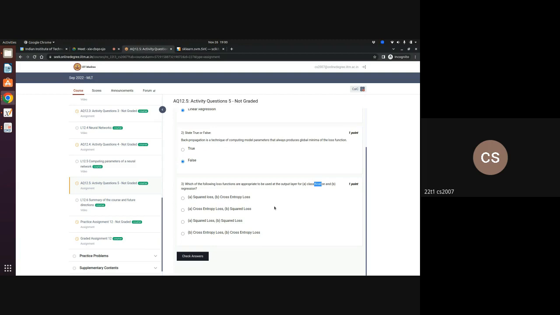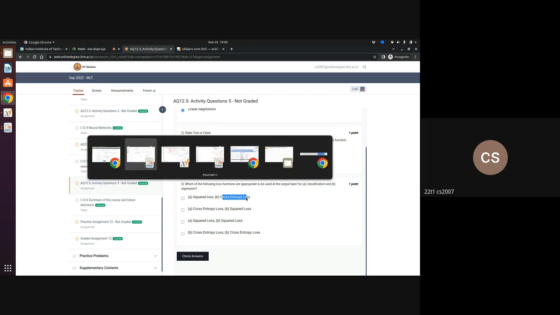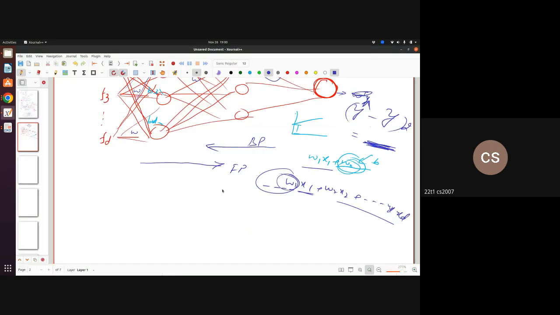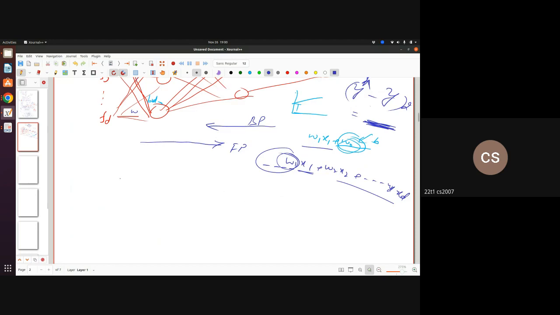So binary cross entropy loss is what you use in case of binary classification. If it is in general classification where the number of classes could be any, then cross entropy loss is what you would use. Cross entropy loss is just the generalization of the binary cross entropy loss.